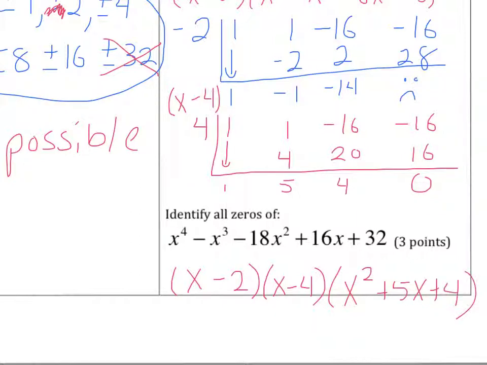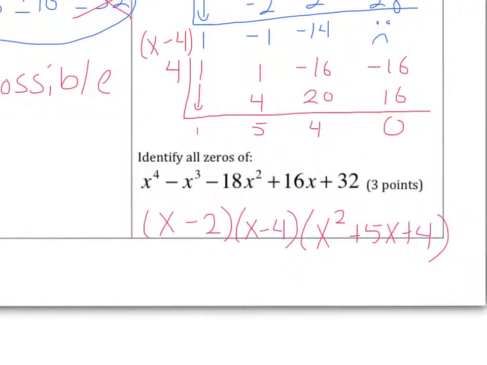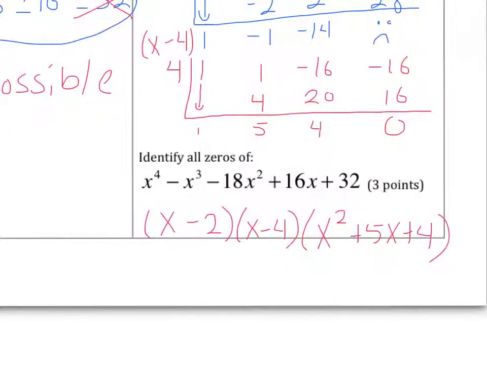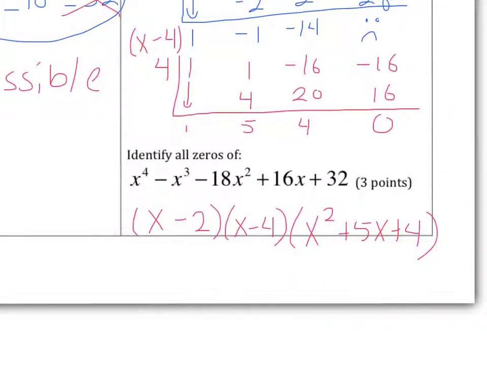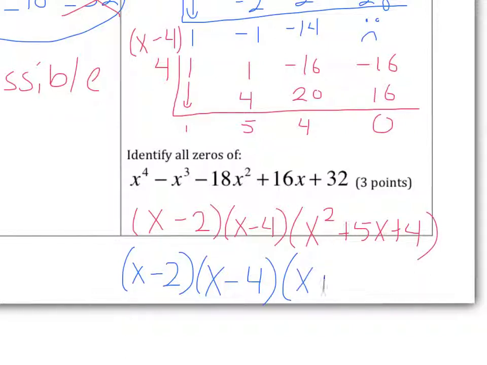Once you get to this point, you don't need to use synthetic division anymore. We know how to factor quadratics like x squared plus 5x plus 4. Our answer is going to be x minus 2 times x minus 4. X squared plus 5x plus 4 factors into x plus 4 and x plus 1. That's the top half of this problem.